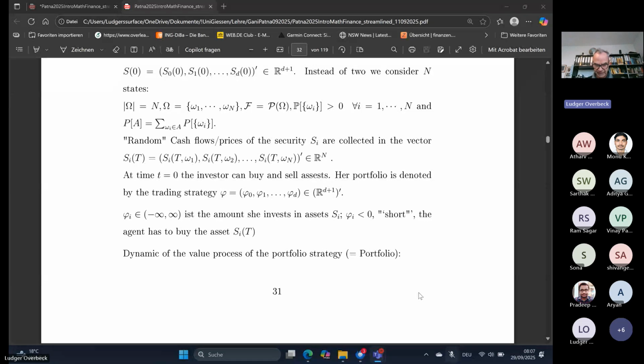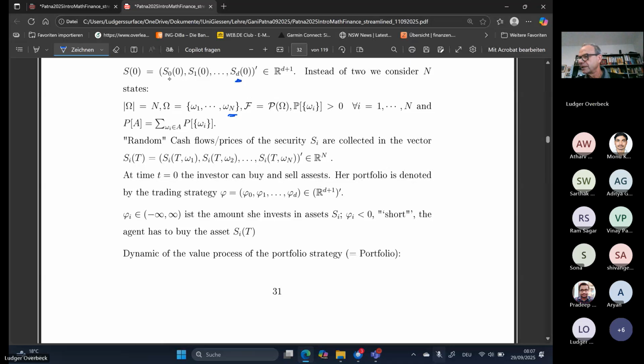It's very important. But from a theoretical point of view, of course, your one-period model might be more diverse. Here we have formulated the model which has capital N states, the number of states, and the number of assets d plus 1, where asset 0 is usually a riskless asset.